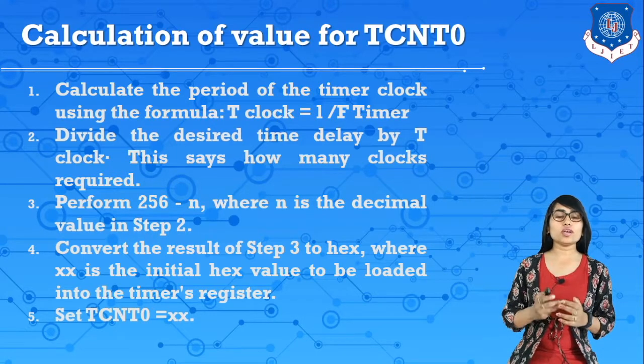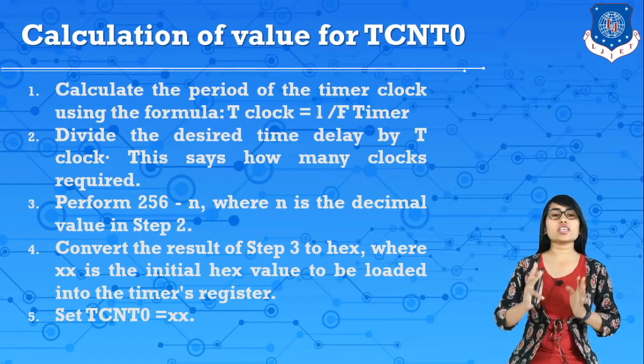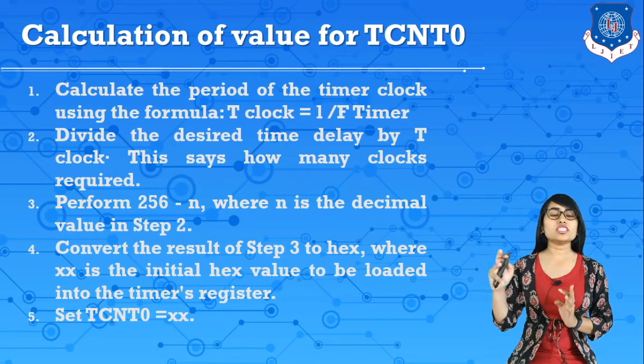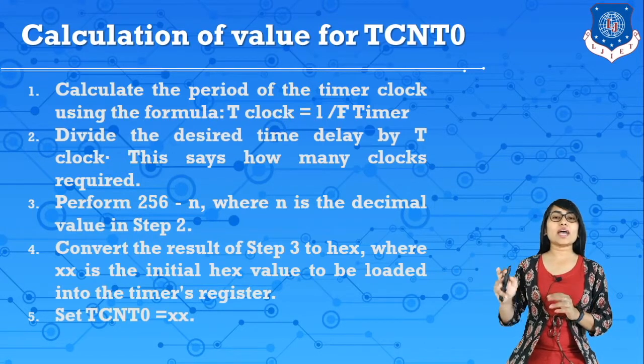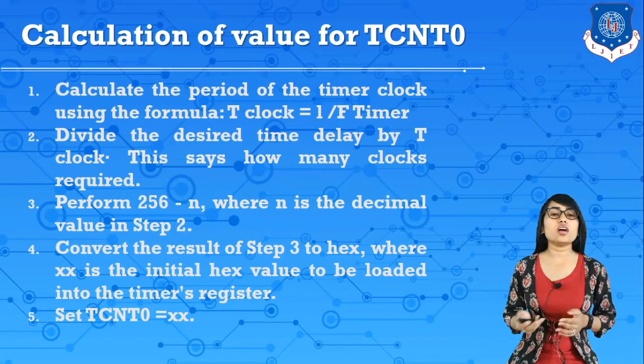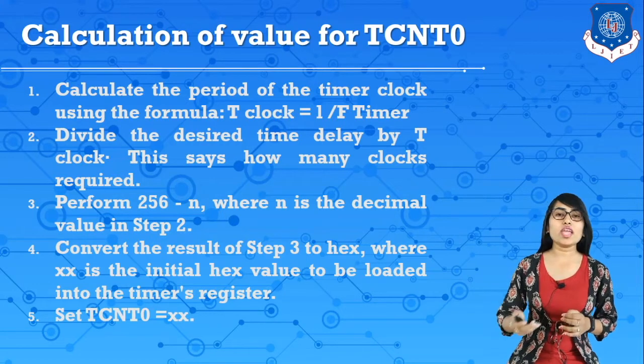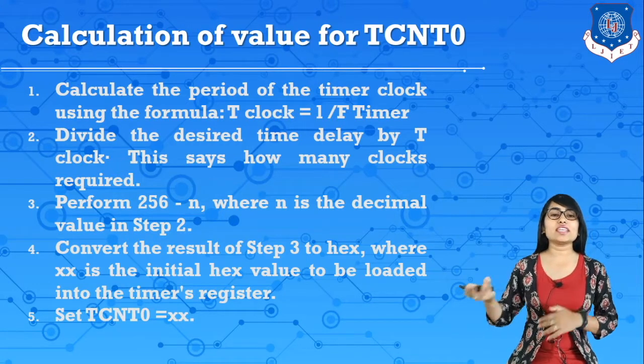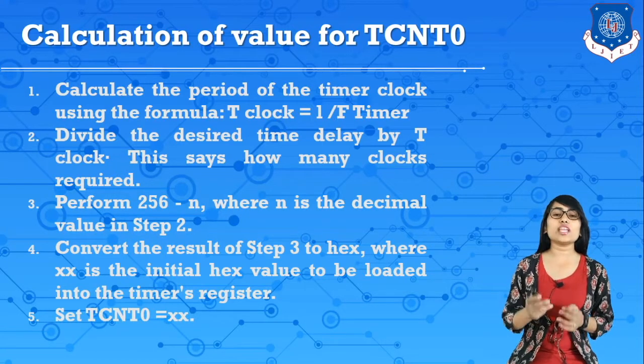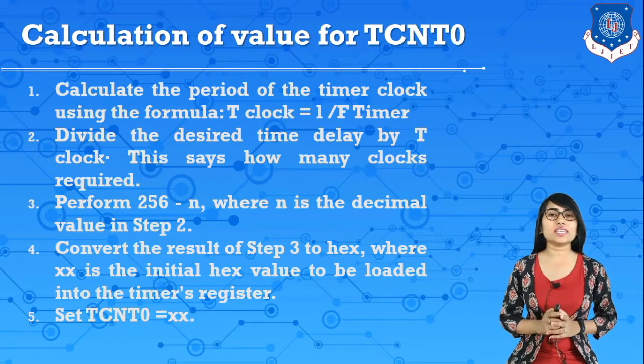Then perform the subtraction, that is 256 minus the desired time delay divided by T clock. This decimal value we can load in TCNT0, or we can convert it to hex and use the hex format to load the value in TCNT0.